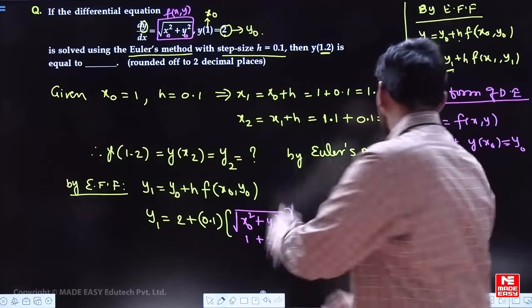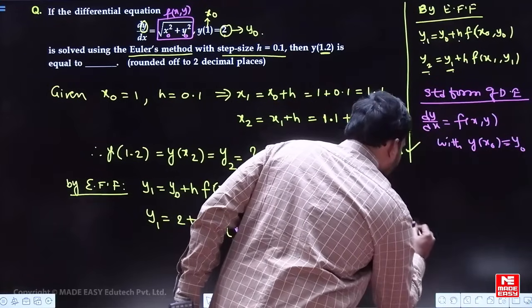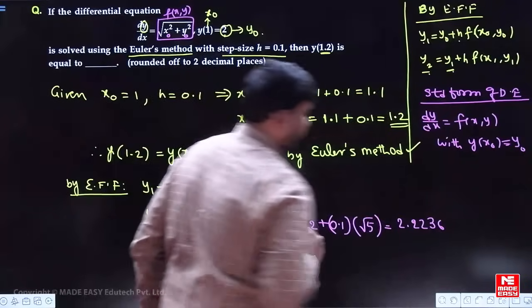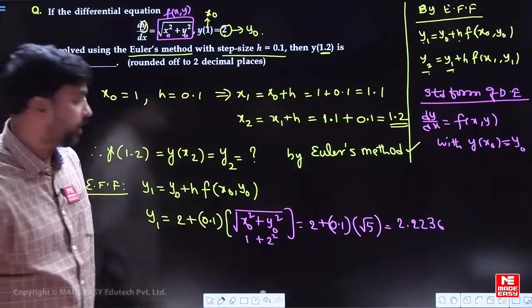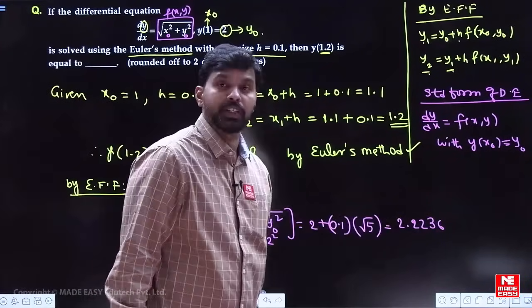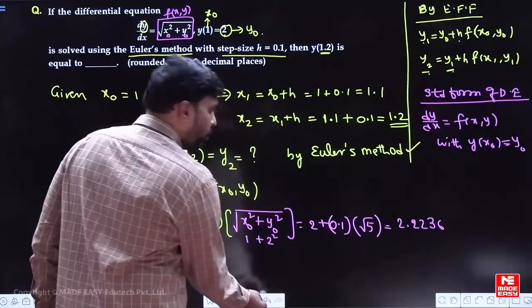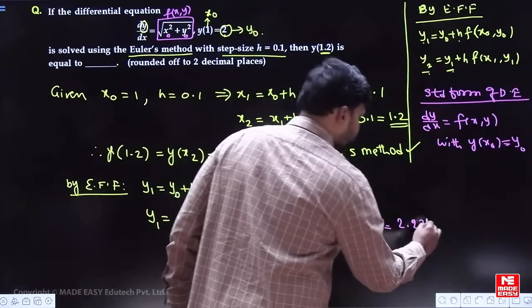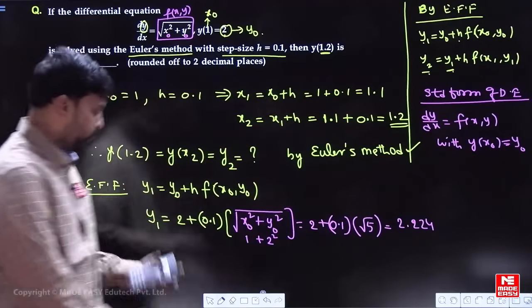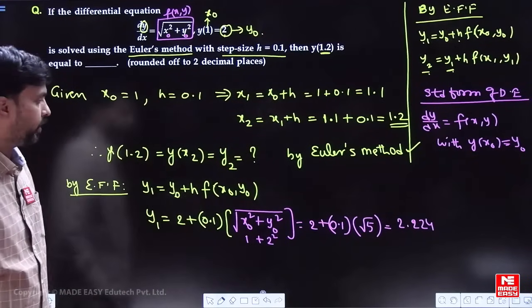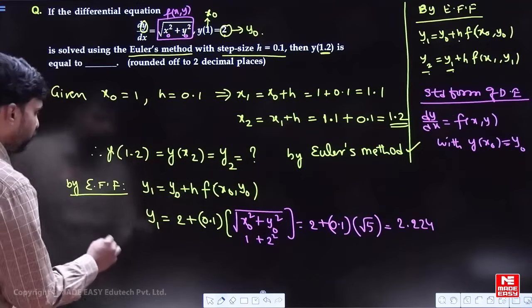You are getting it, right? Up to 4 decimals it is 2.2236, or if you want to round off to 3 decimals, you can take it as 2.224. Now this is y1.